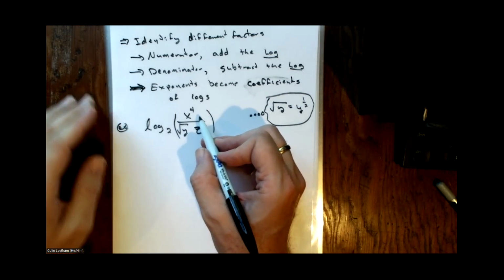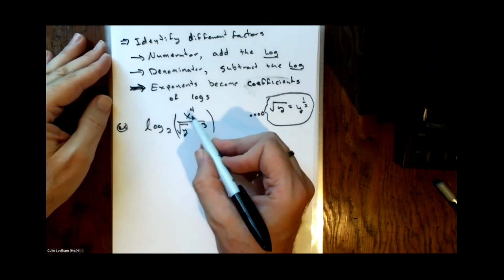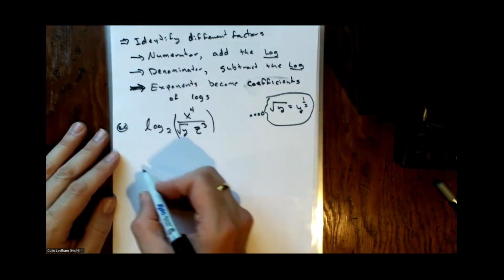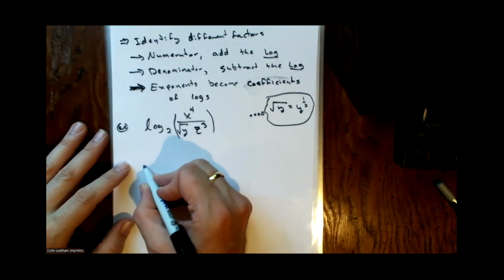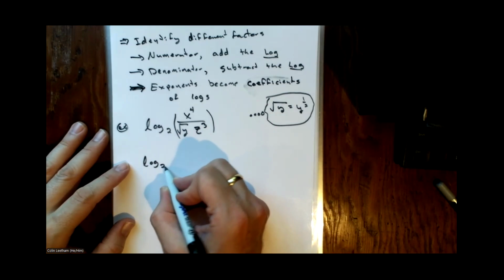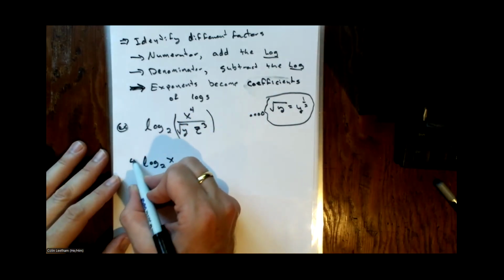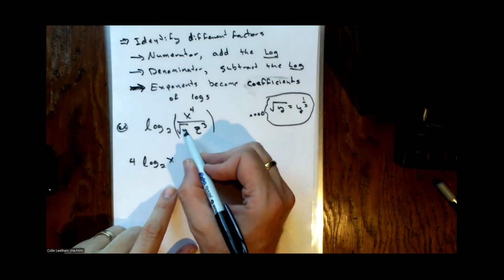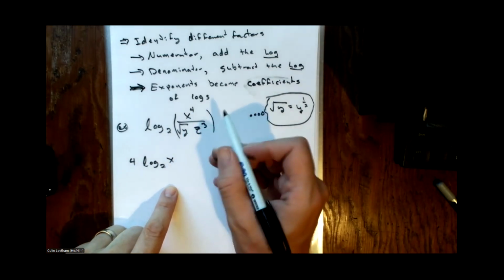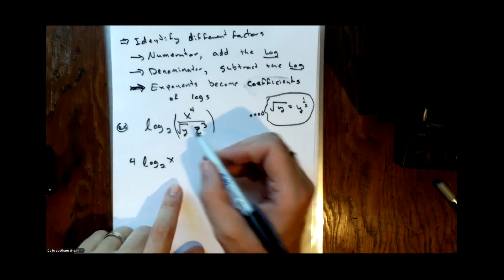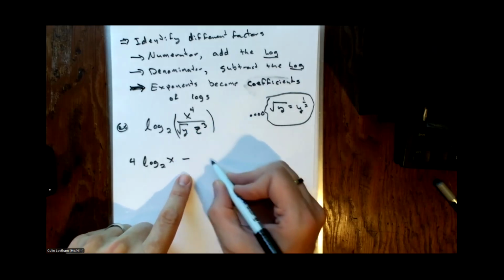So here's what I mean. I've got three different factors: a factor of x, a factor of y, and a factor of z. So I'm going to just break this out. I've got log base 2 of x and my power, and that is 4. Now, for my second one, where I've got the square root of y, that's in my denominator, so I'm going to subtract that.